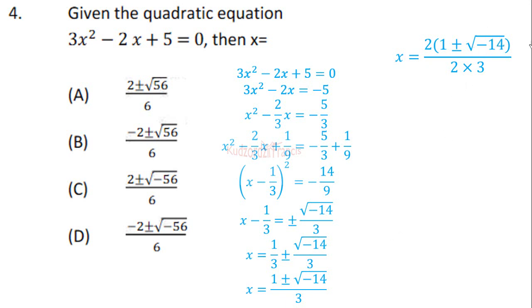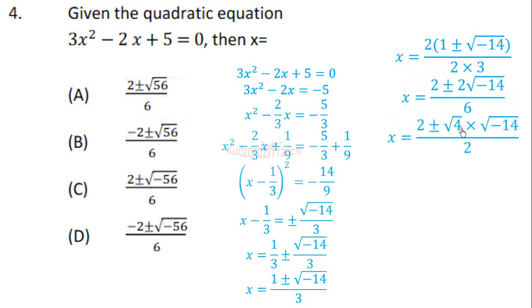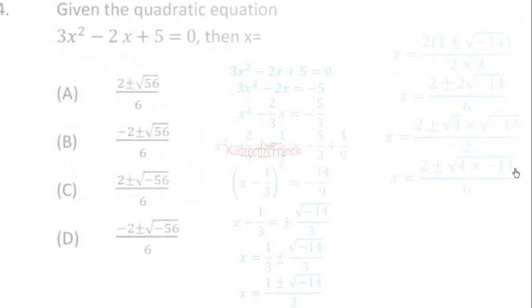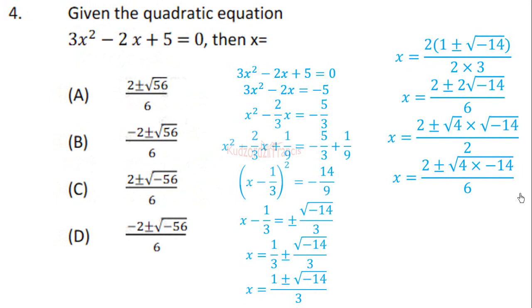Now let's expand the numerator to get something like this. Now root of 4 is the same as 2. By using the property of radicals, 4 can go inside to multiply. 4 times negative 14 will give us negative 56.